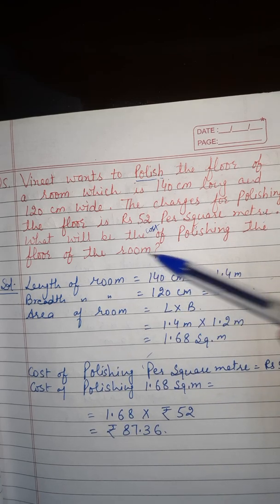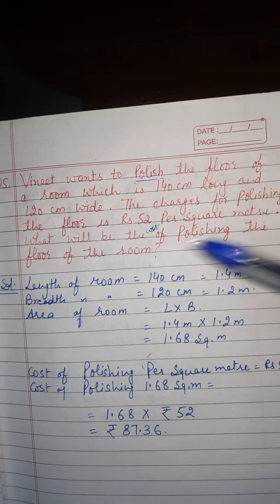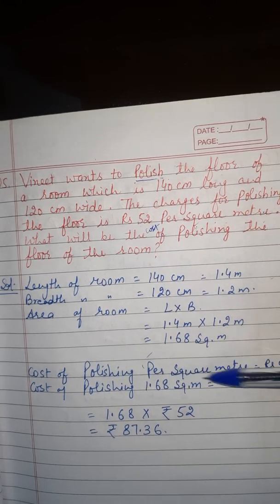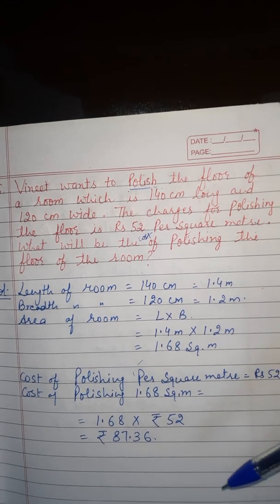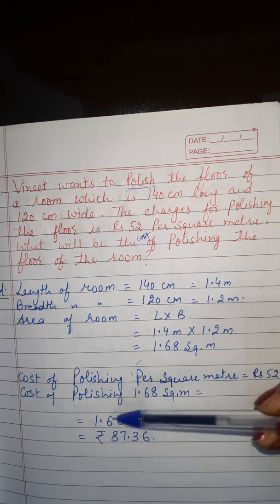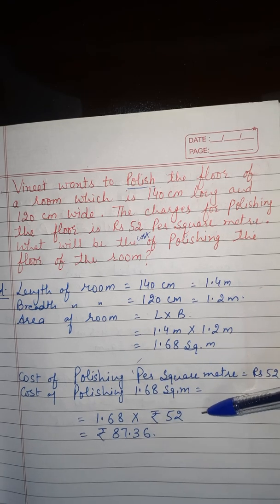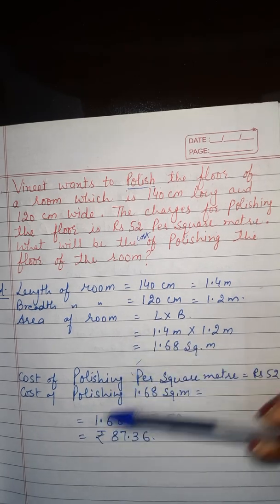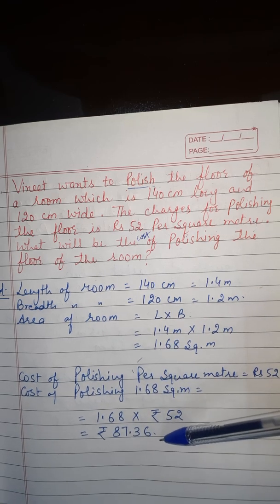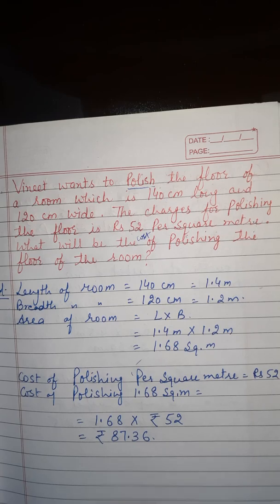Here the cost of polishing per square meter is rupees 52, and the cost of polishing 1.68 square meter will be 1.68 multiplied by 52. So the cost is 87.36.